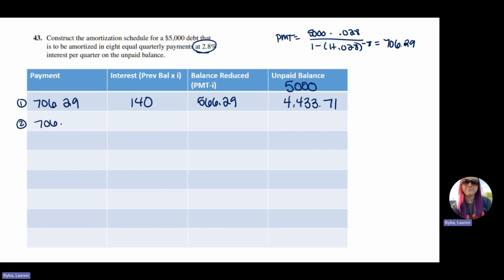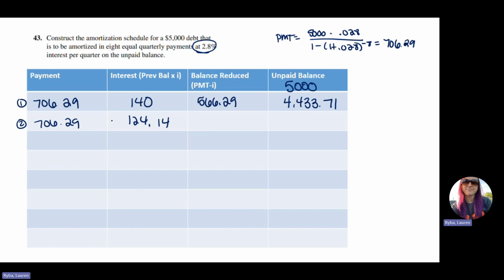My second payment is exactly the same, $706.29. My interest is not going to be the same though, because the interest is calculated on your previous balance. So I take that $4,433.71 and I times it by 0.028. And I get $124.14.